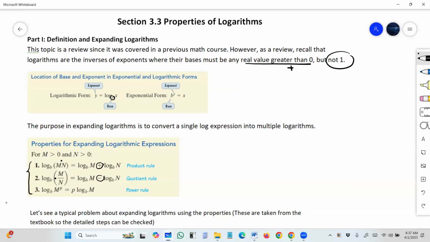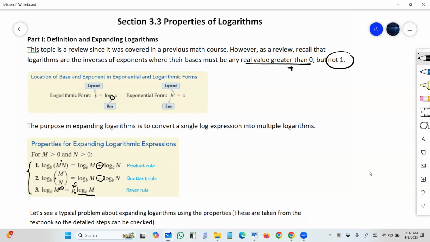And for the log of a power, notice that the power p, whatever this number is, goes and multiplies the front of the log. So the log of a power becomes the product of the exponent and the remaining log. We need those three properties when we are doing computations with logs.